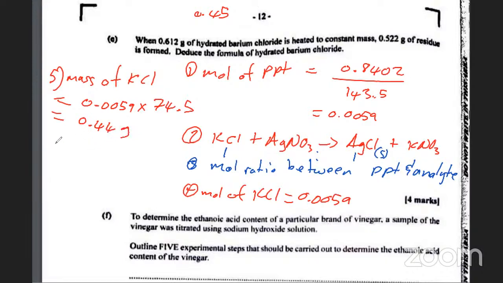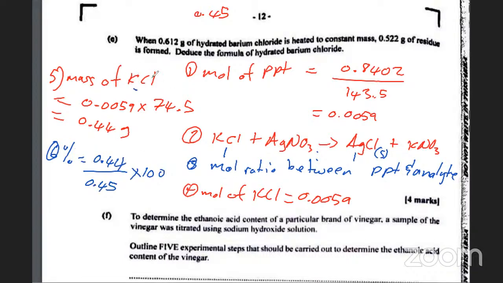All right, now the percentage is the mass of the compound that you calculate over the mass of the sample times 100. Whenever you want the percentage, so the question had asked you for the percentage purity of KCl.